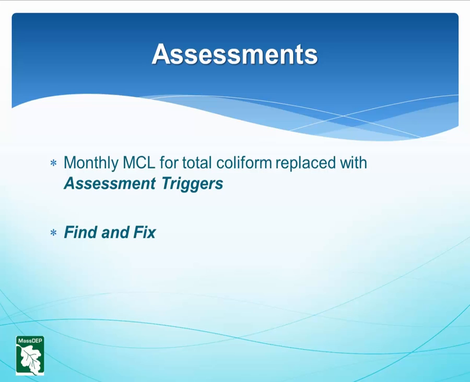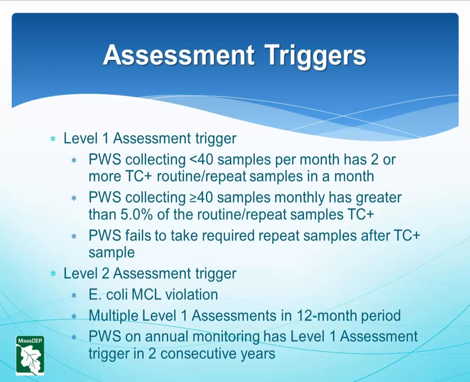Assessments. Under RTCR, the monthly MCL for total coliform has been eliminated and replaced with assessment triggers, Level 1s and Level 2s, in order to direct water systems to find and fix problems that might contribute to bacterial contamination. Assessment triggers.